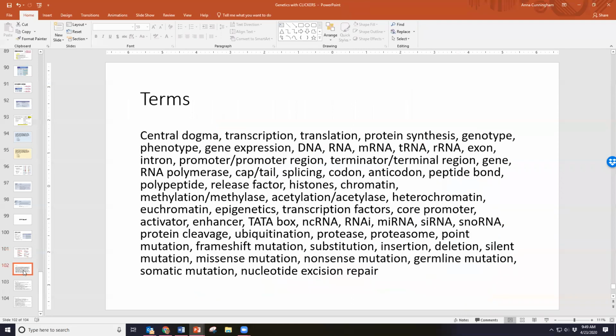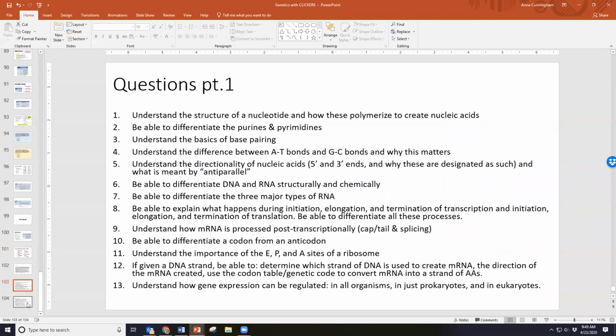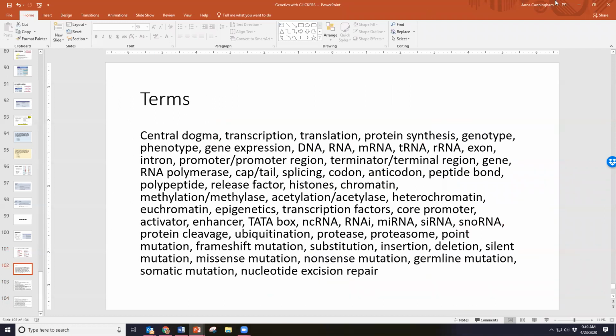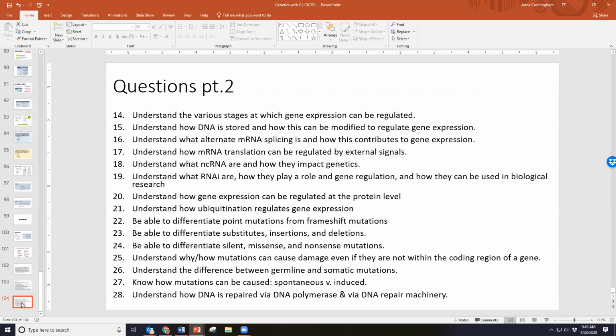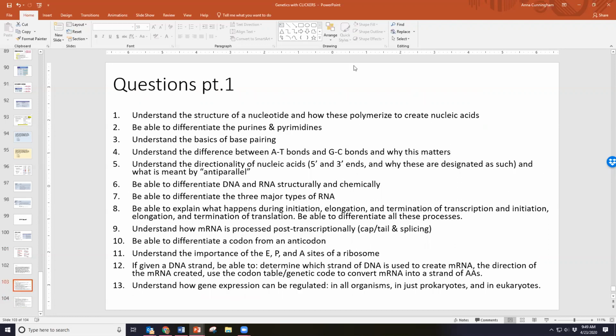Okay, so notice there are terms and there are questions for genetics here. So go through those. Use these to kind of guide maybe something if you want to put it in the discussion board. What I'm going to try to do today is if you can get your questions into the discussion board, I'm going to go through last week's and this week's discussion boards and kind of aggregate questions. And based on those questions, I'm going to record a little kind of blurb and post it tomorrow.